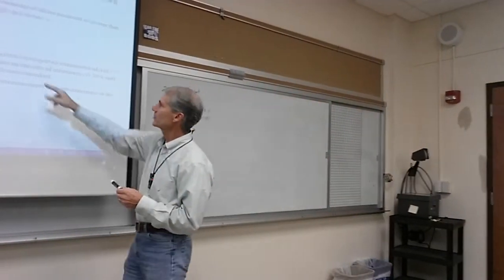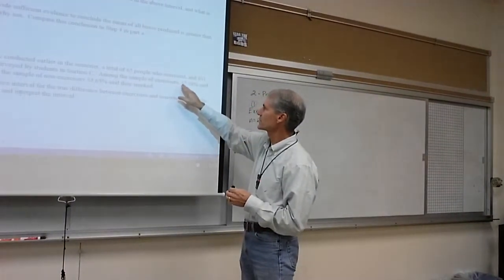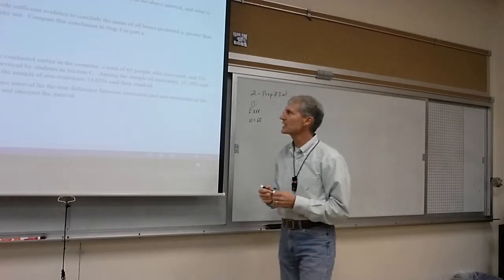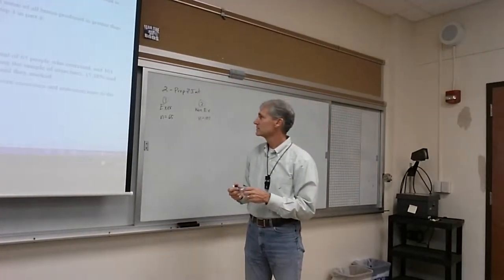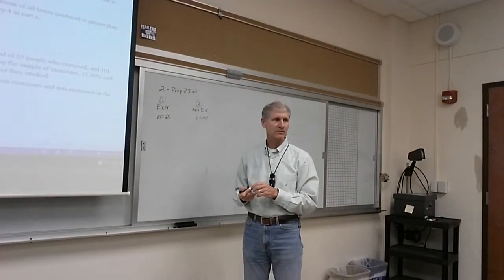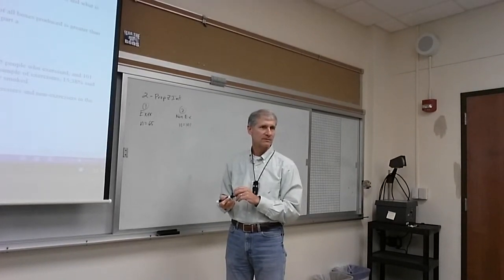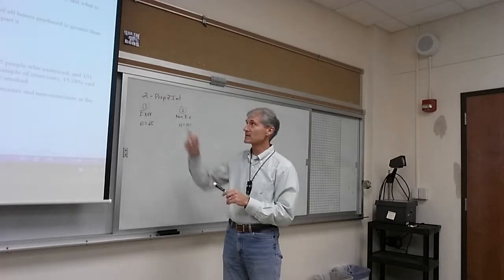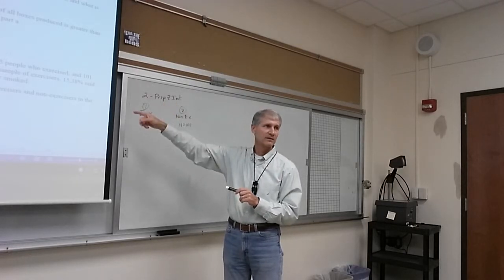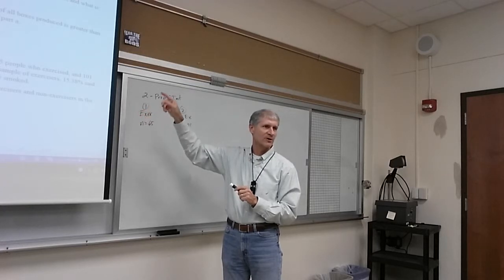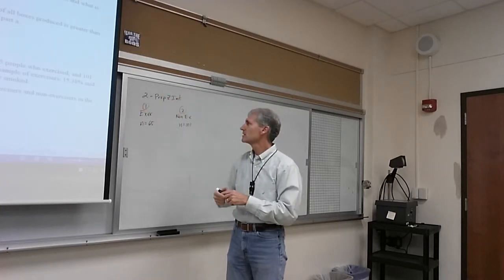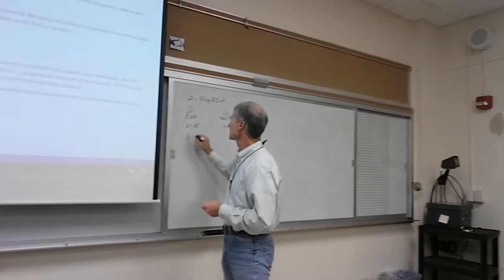Next number I come to, among the sample of exercisers, 15.38% said they smoked. What are they giving me? Right, they're not giving me x. That's the proportion in the sample, which we denote as p hat.